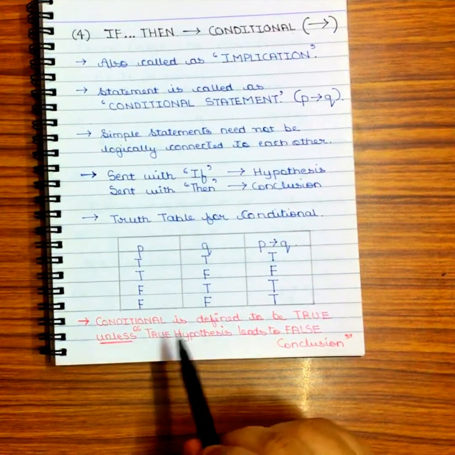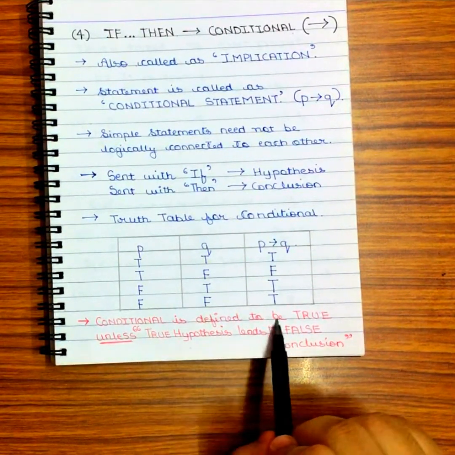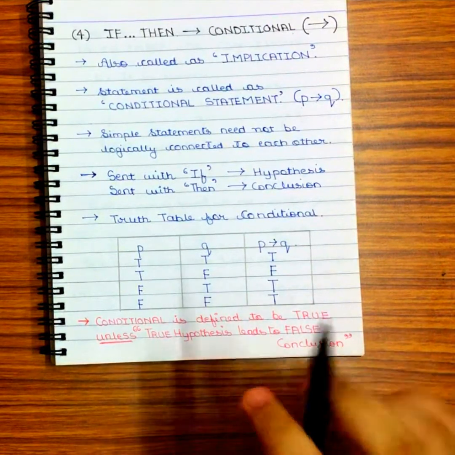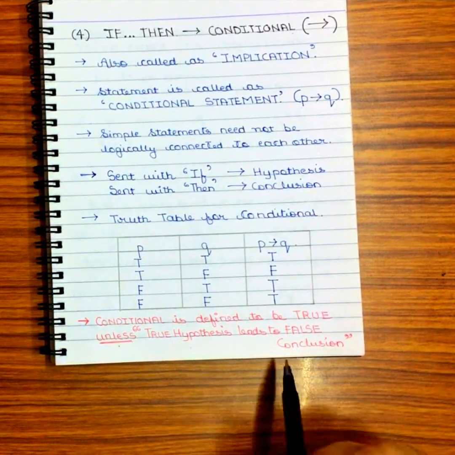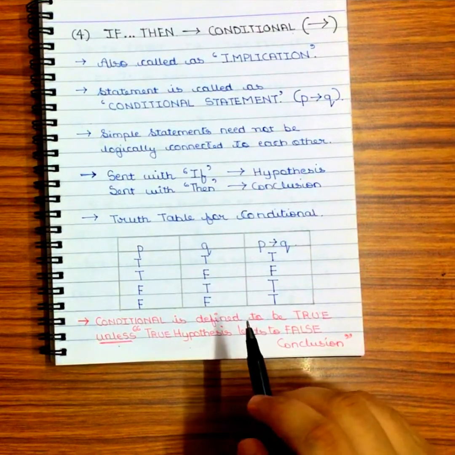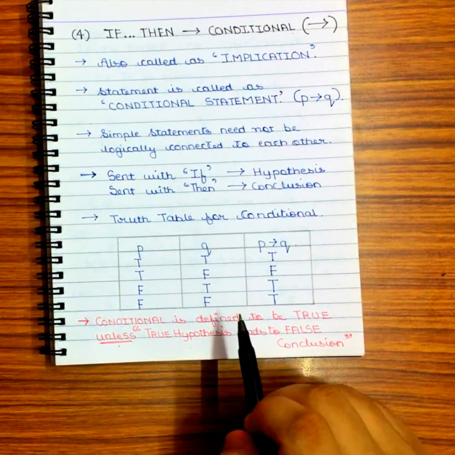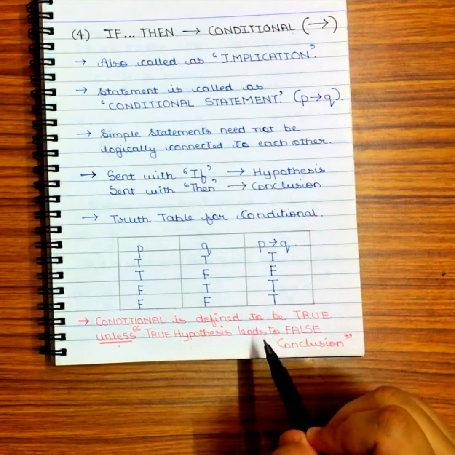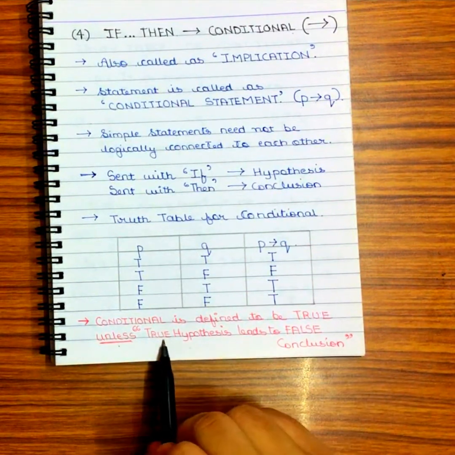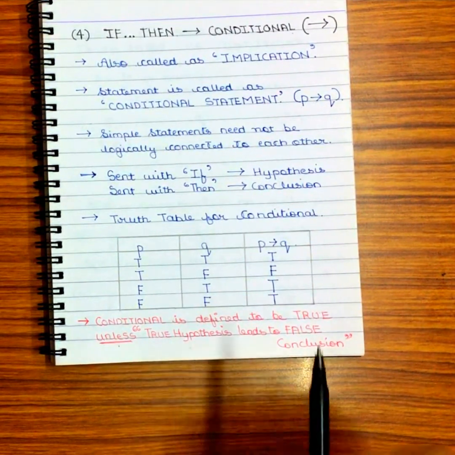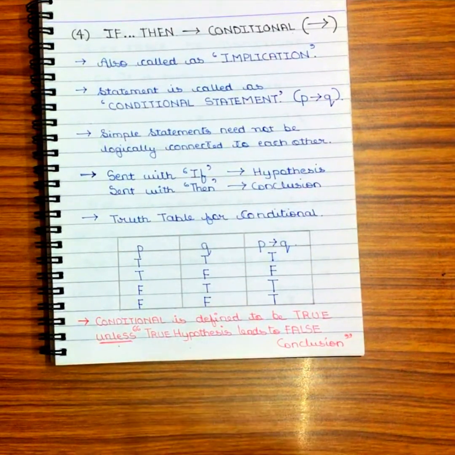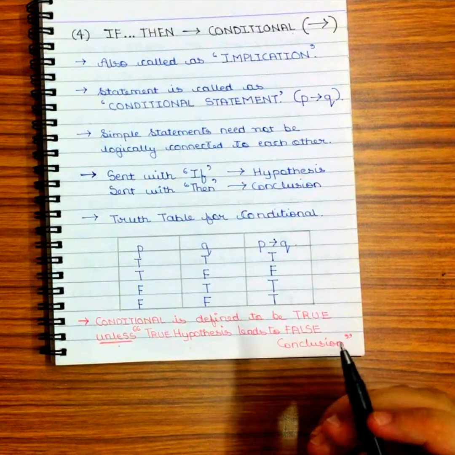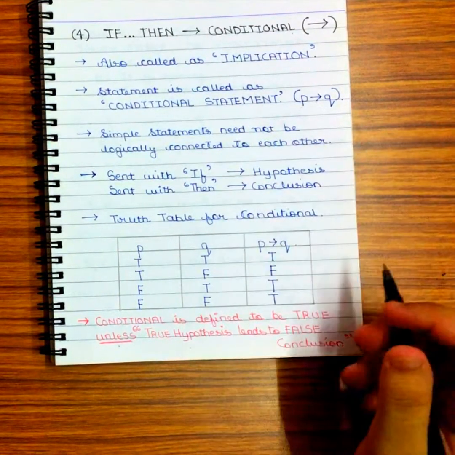That is why I have written conditional is defined to be true. It is always true unless a true hypothesis leads to a false conclusion. So if you are to remember the truth table of this conditional connective, then you can remember that it is always true unless a true hypothesis leads to a false conclusion. So this is your conditional connective.